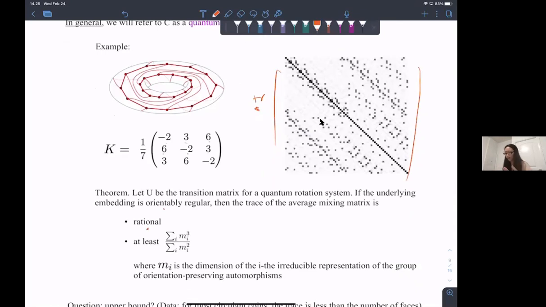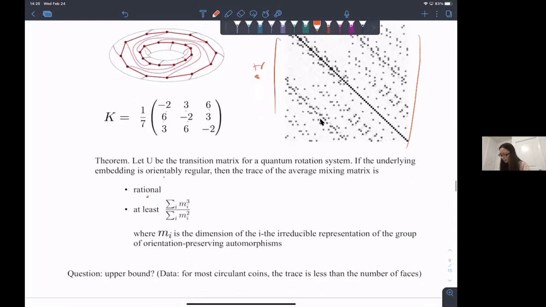You can even throw in some complex numbers. And the second fact is that the trace of every mixing matrix is at least this number. So that is something that does not depend on the coin again. It only depends on the irreducible representation of an automorphism group that preserves the orientation.